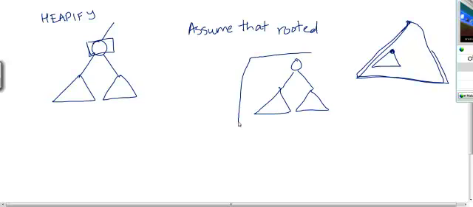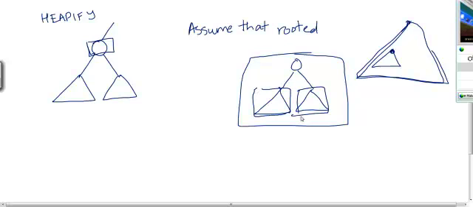If this whole thing is a heap, if it satisfies the shape property and the heap property, then the same is true for this subtree as well as this subtree. Because if any of them violate the shape property, the overall heap cannot have the shape property. And if any of them violate the heap property, then the whole thing cannot satisfy the heap property. That should be clear enough, right?